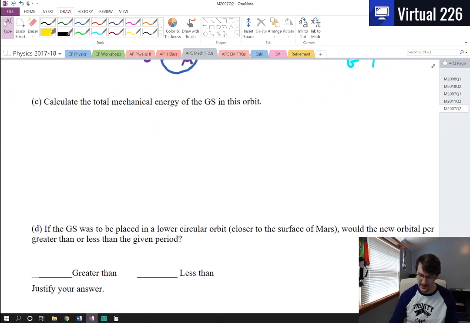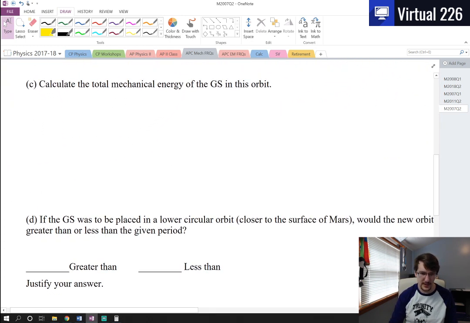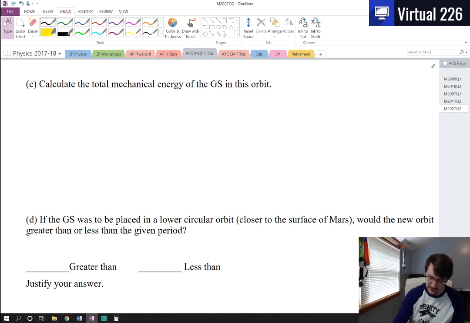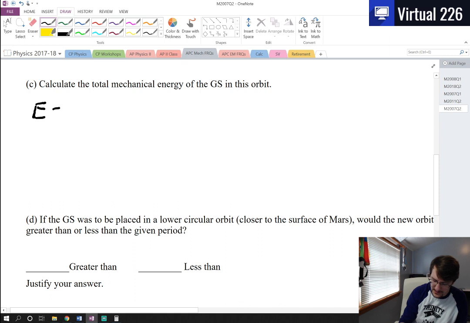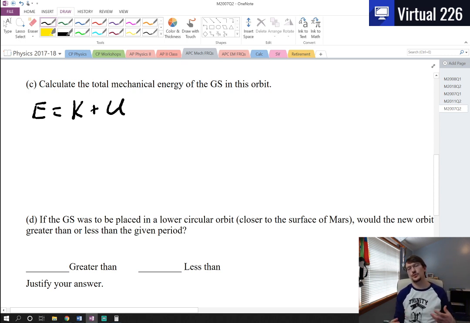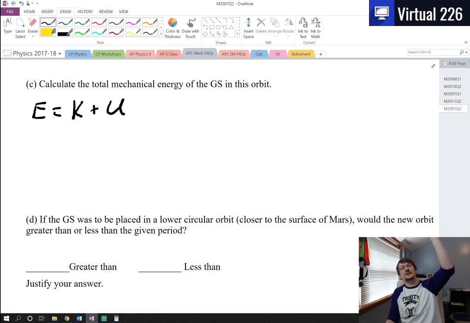If we're doing the total mechanical energy in the orbit, it's important to remember that the total mechanical energy, E, is equal to a combination of your kinetic energy plus the potential energy. And it's also important to remember that we define a point at an infinite distance as being 0 potential, and then as we come in from that infinite distance, we're actually negative.